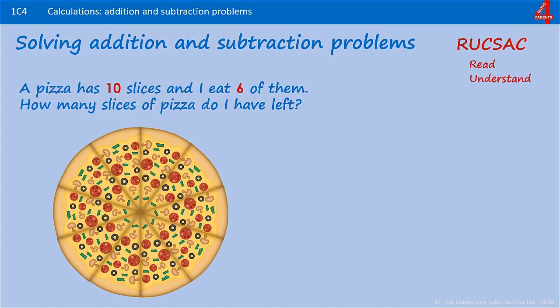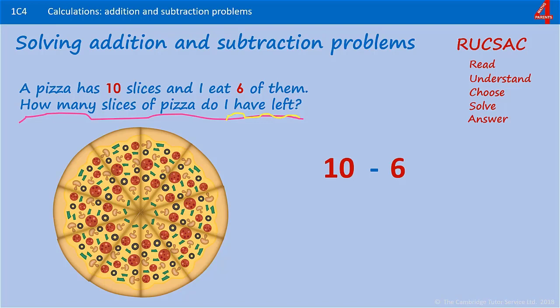Understand what this is asking us to do. How many slices of pizza do I have left? We need to choose the operation, and the clue is how many I have left, which indicates that this is a subtraction. And the numbers that we're working with, we had 10 slices of pizza and we're taking away 6.